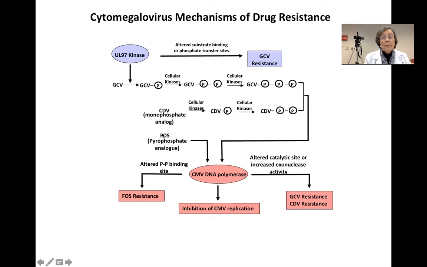For foscarnet, it's a pyrophosphate analog. It's going to interact with the CMV DNA polymerase, leading to inhibition of CMV replication because it's going to prevent cleavage of the pyrophosphate portion of the nucleotide. If there's an alteration in the pyrophosphate binding site so that it does not bind to the DNA polymerase, then you're going to end up with foscarnet resistance.